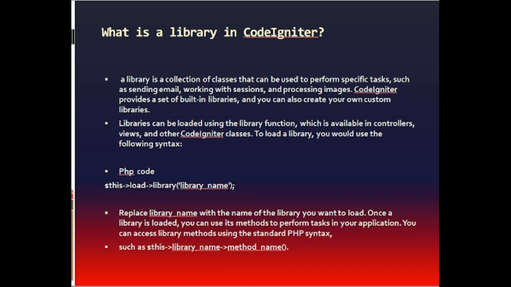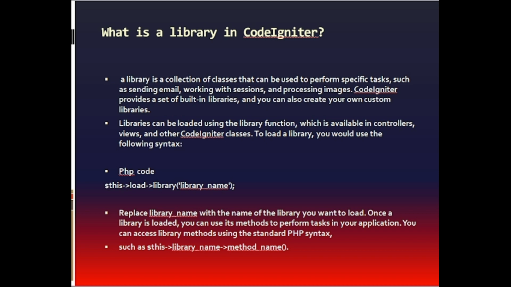Next question. Library in CodeIgniter. A library is a collection of classes that can be used to perform specific tasks such as sending email, working with sessions, and processing images. CodeIgniter provides a set of built-in libraries, and you can also create your own custom libraries. Libraries can be loaded using the library function, which is available in controllers, views and other CodeIgniter classes.